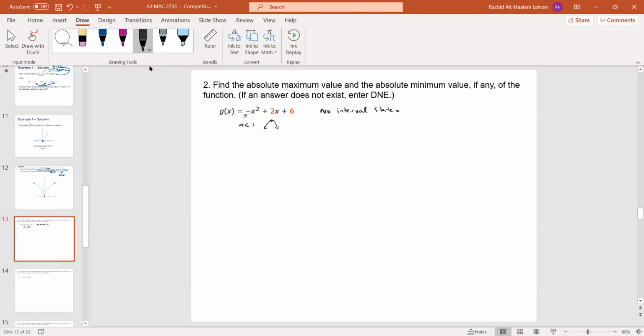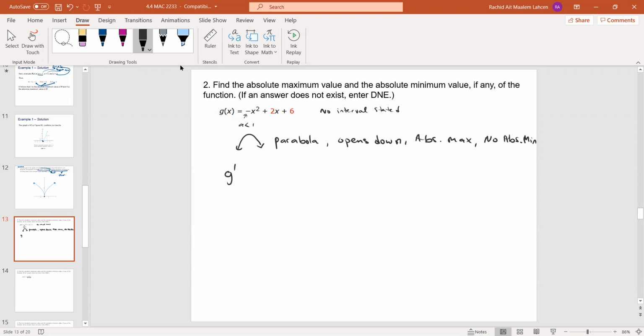When you investigate this, we're going to say that this is a parabola that opens down, so it has an absolute maximum and no absolute minimum. That's for sure.